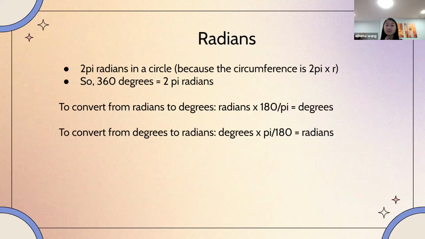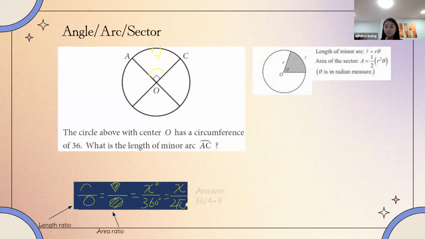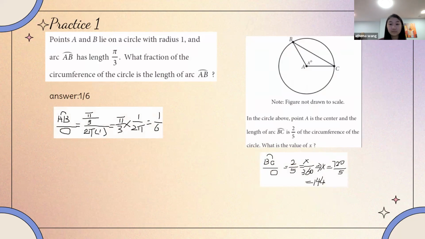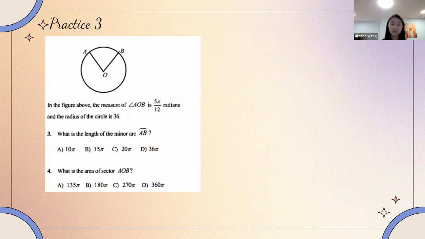Okay, so we can continue with this one. We did not go over this one. So I'll give you 2 minutes, and if you have the answer, you can put it in the chat for me.